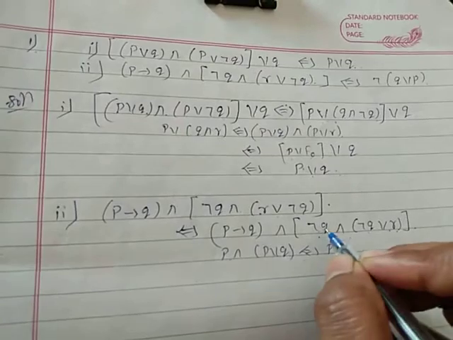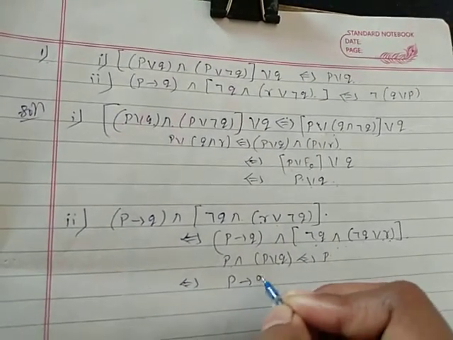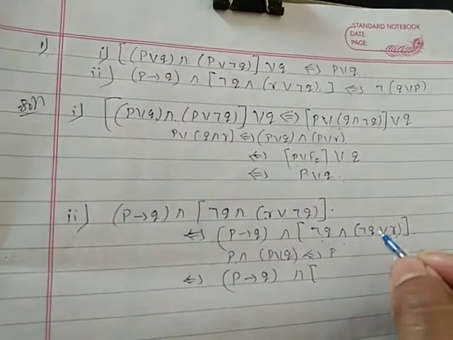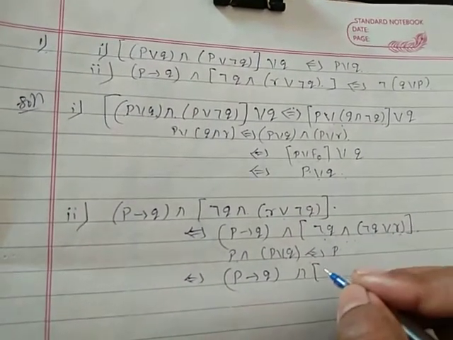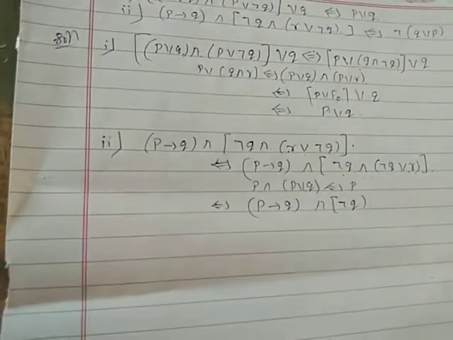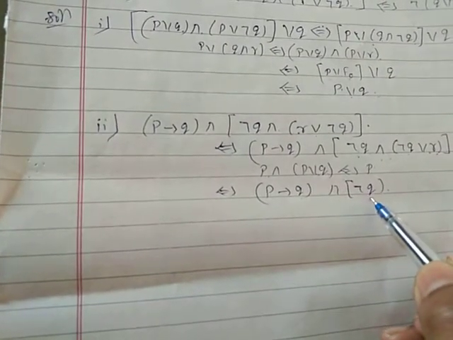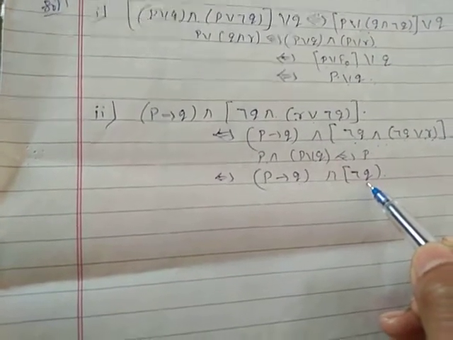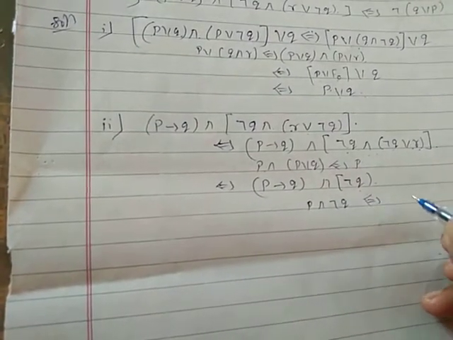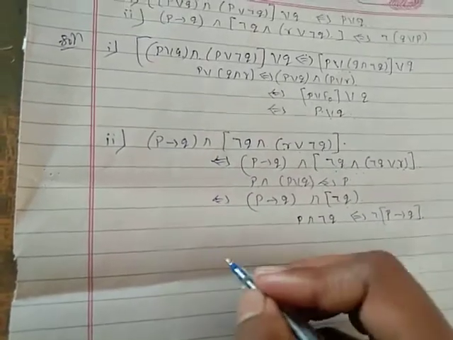Instead of P, negation of Q. Instead of Q, there is an R. So (P implies Q) and negation of Q and (negation of Q or R) can be written as (P implies Q) and negation of Q. Now see here, P and negation of Q is equivalent to negation of (P implies Q).